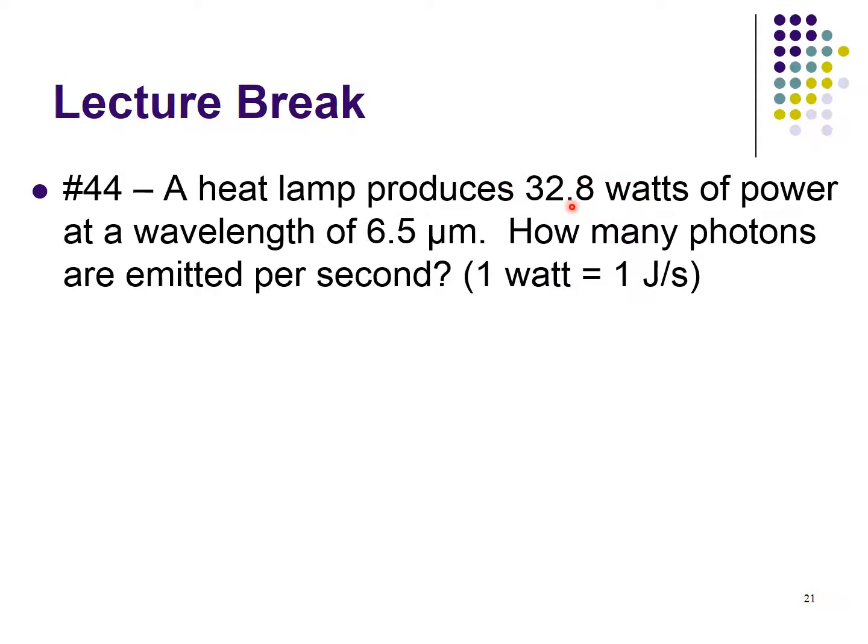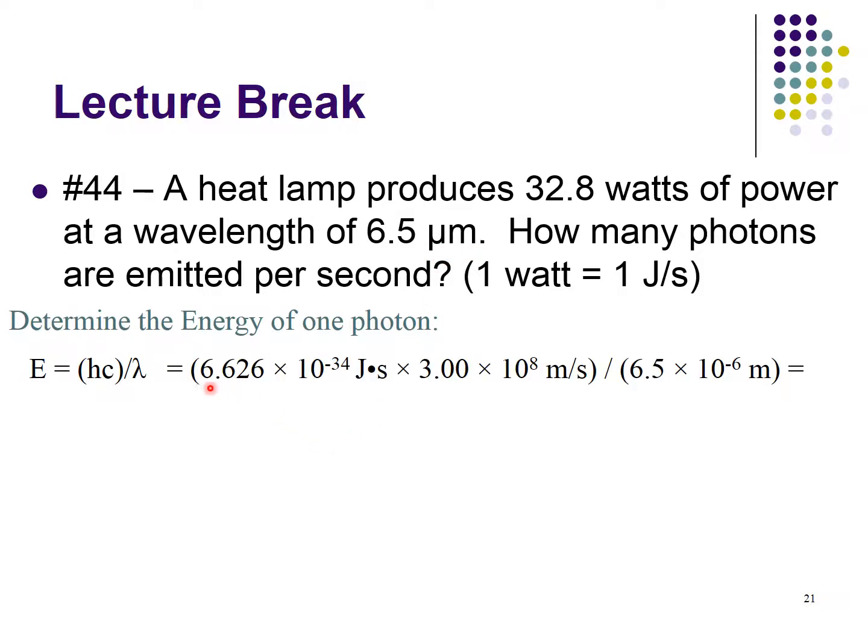So we need to do a couple things. First, we need to determine the energy of one photon. So we're going to use this equation. The energy is equal to Planck's constant times the speed of light divided by the wavelength. We know the wavelength. It's not in the right units. It's in micrometers instead of just meters. So again, we're going to use our prefix. Micro is 10 to the negative 6th.